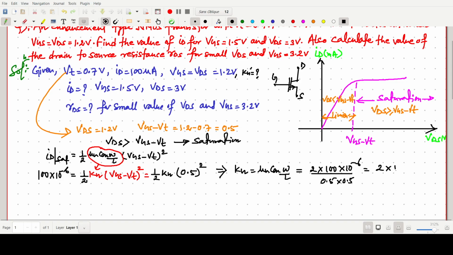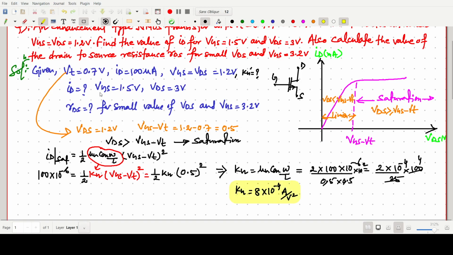If we solve this, we can write 10 to the power minus 4, then removing the decimals, 10 into 10, so 100 by 25, which is 4. So kn will be 8 into 10 to the power minus 4, and the unit is ampere per volt square.